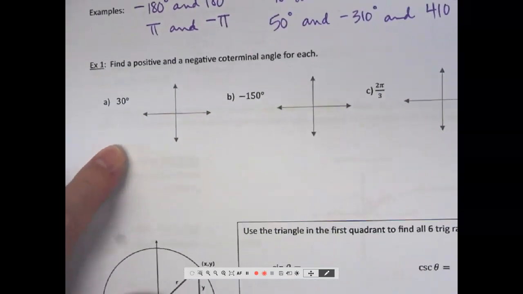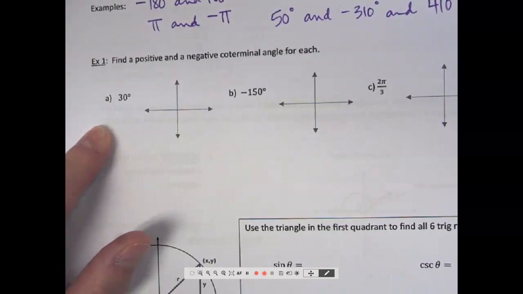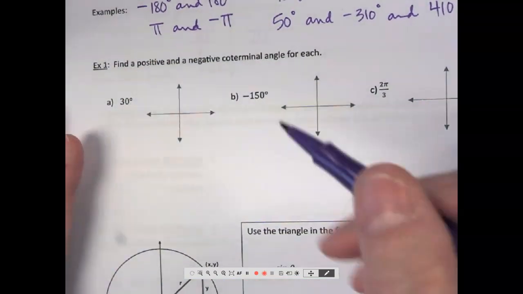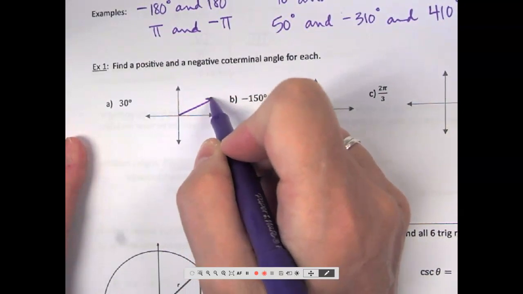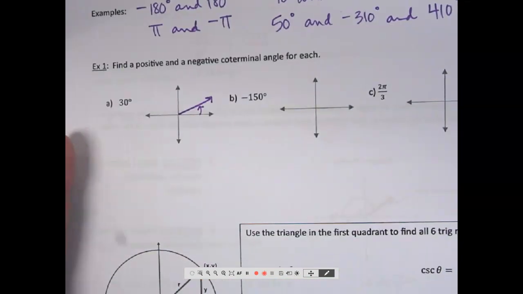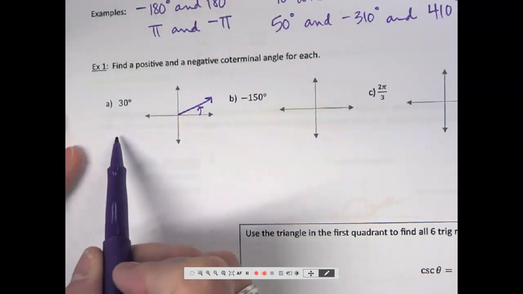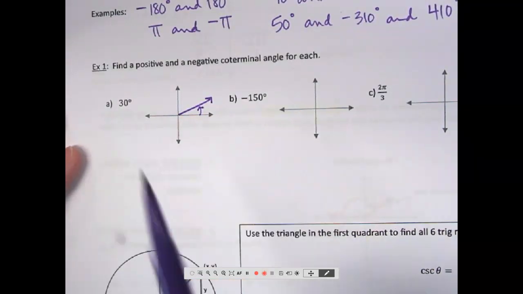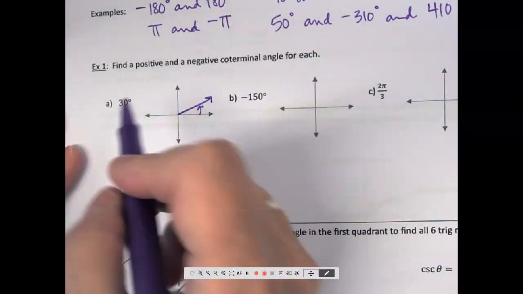All right, next one, we're going to take the angle that I'm giving you, we're going to sketch it, figure out where it would be, and then we're going to find a positive and a negative coterminal. Okay, so 30 degrees would be somewhere in here, rotating in a counterclockwise direction because it's a positive angle. Okay, so give me, you can probably do this mentally, a positive coterminal angle with that one. 360 plus 30 would be 390.